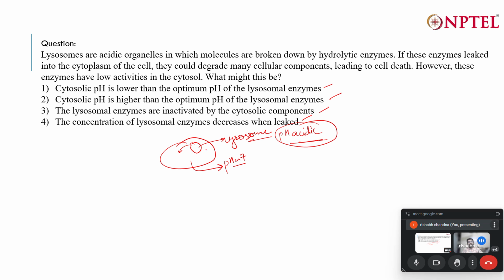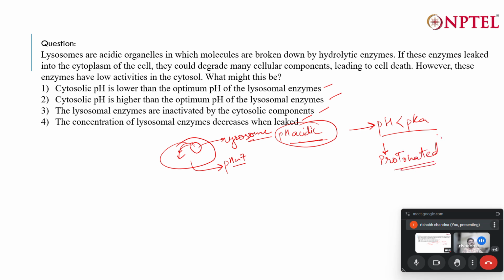So if they move from an acidic environment to a basic or neutral environment, what will happen? The enzyme's active site will not be maintained in such a scenario. Here the same concept comes: because pH is less than the pK value, the active site amino acids will be protonated.